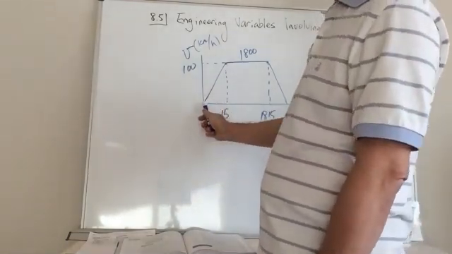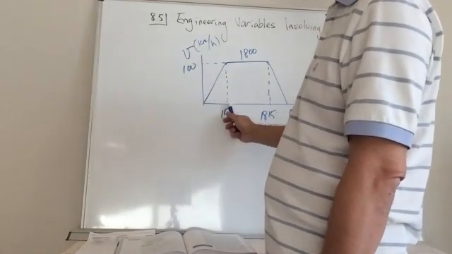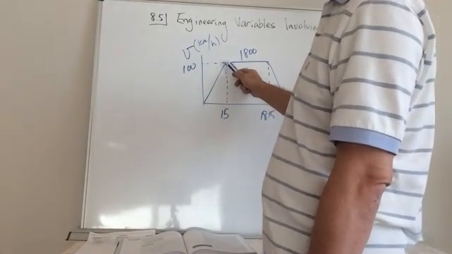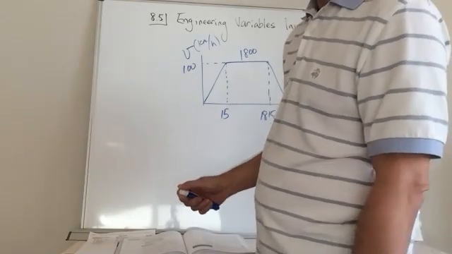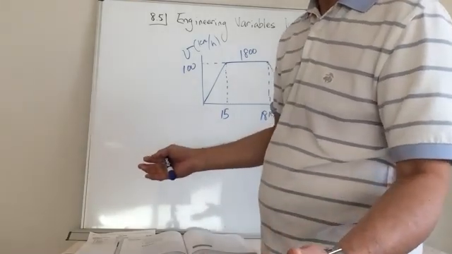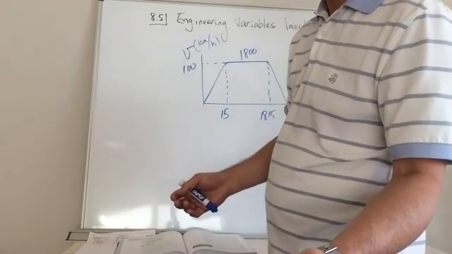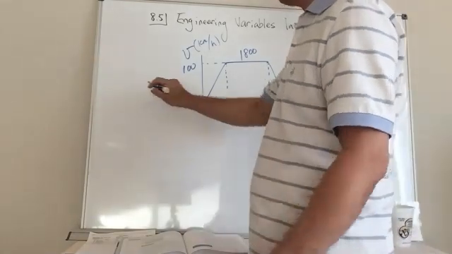The velocity is 0. Then it accelerates for the first 15 seconds, up to 100 kilometers per hour. What is 100 kilometers per hour in miles per hour? Can anybody tell me? Approximately? Does anybody know? This is about 60 miles an hour, right?